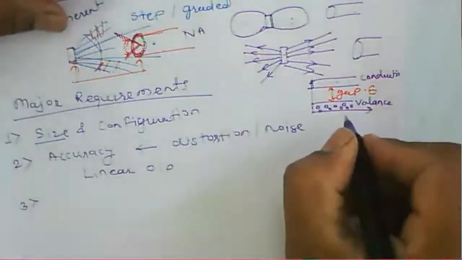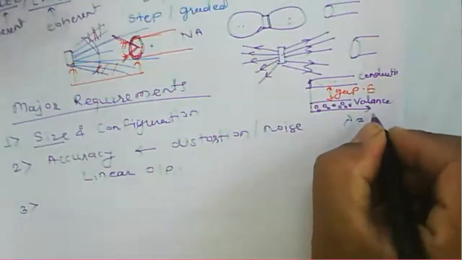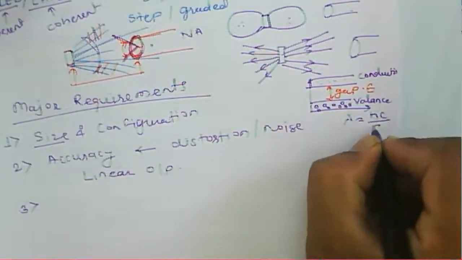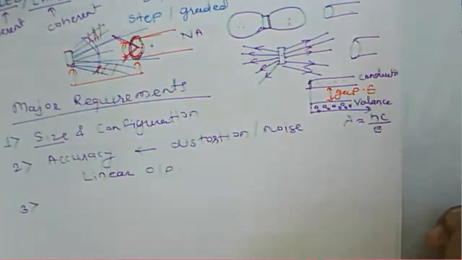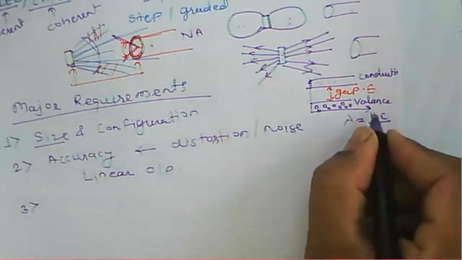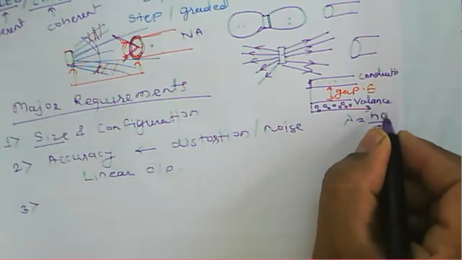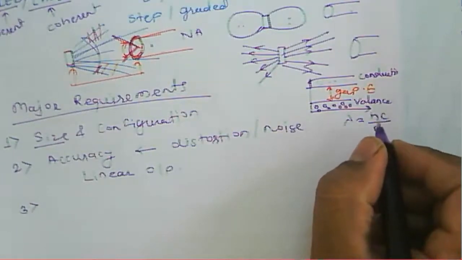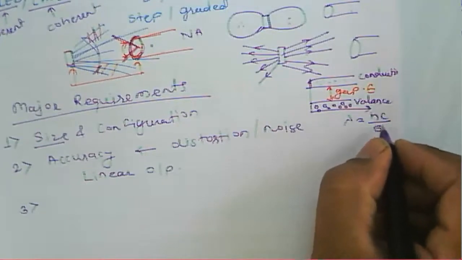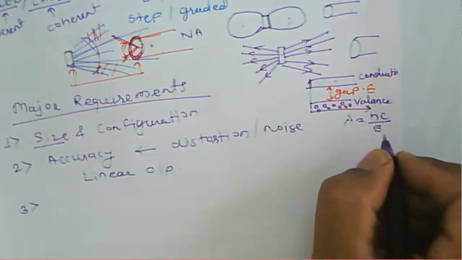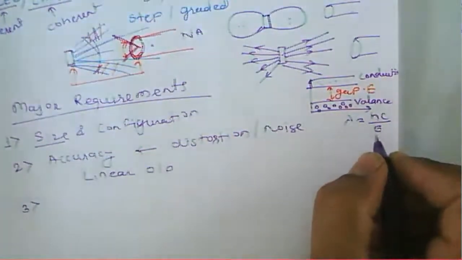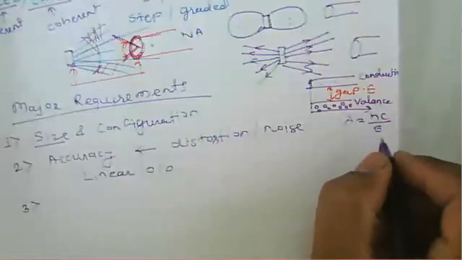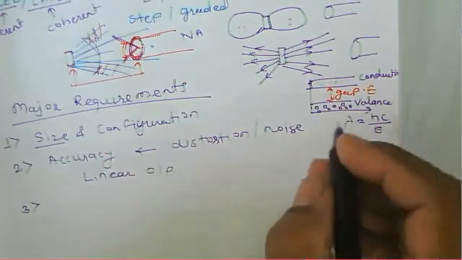So we say lambda is equal to hc by E, where h is the Planck constant and c is 3 into 10 power 8, the velocity of light in free space, and E is the photon of energy.